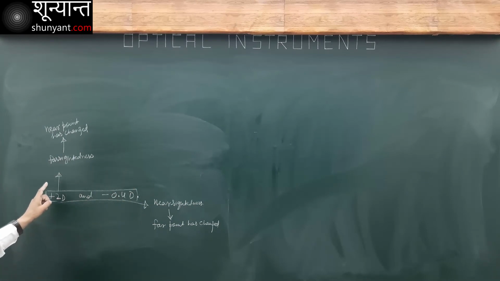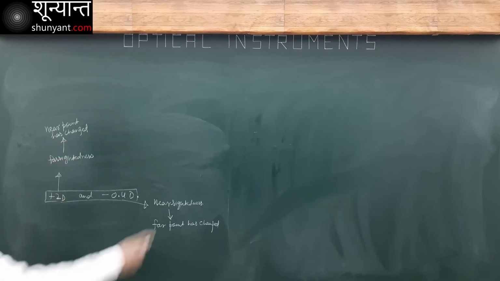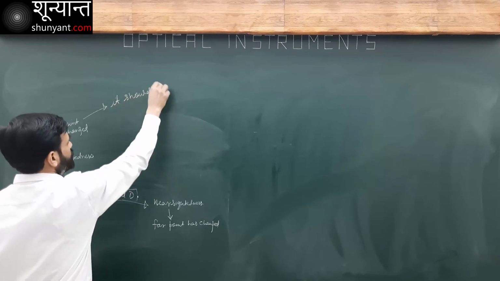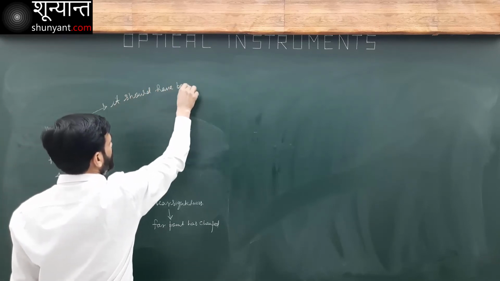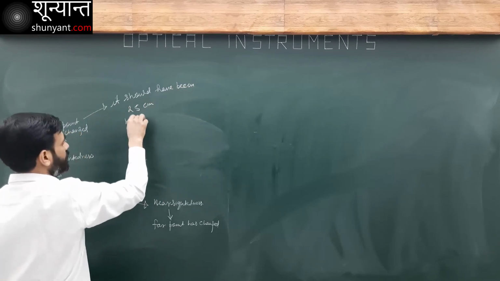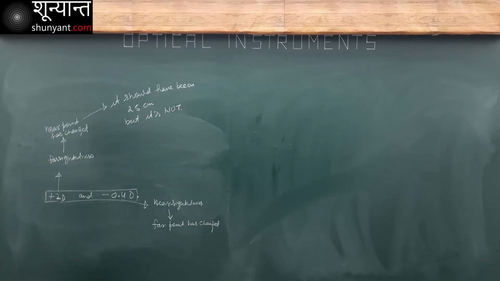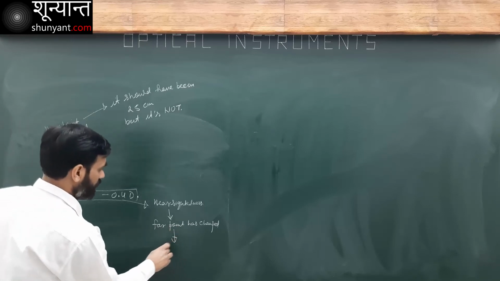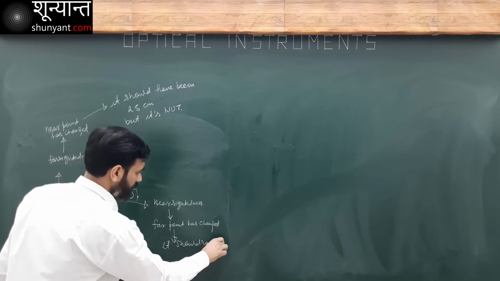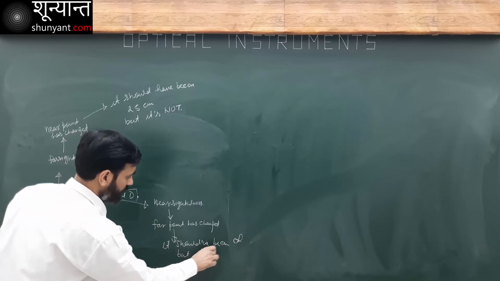Anyway, so the person is using these corrections. Near point has changed. It should have been 25 centimeter, but it's not. Here it should have been infinity, but it's not.